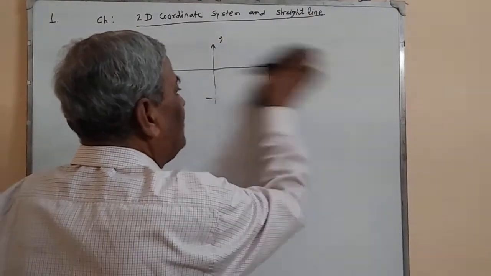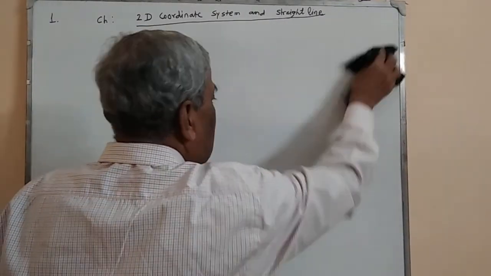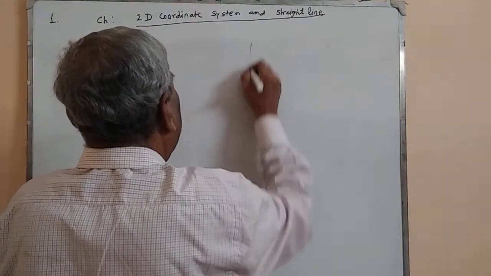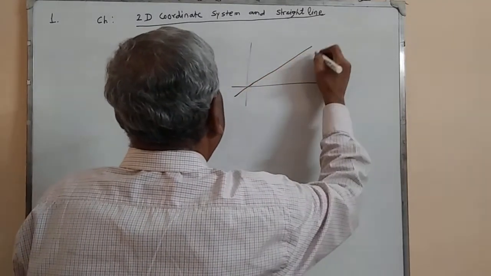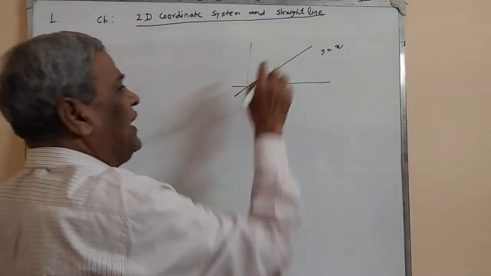Next, these two are very simple, very easy. And now consider this. Say, take y is equal to x as a straight line.